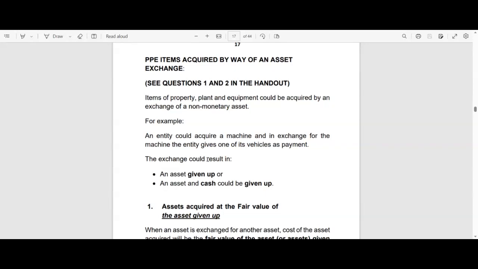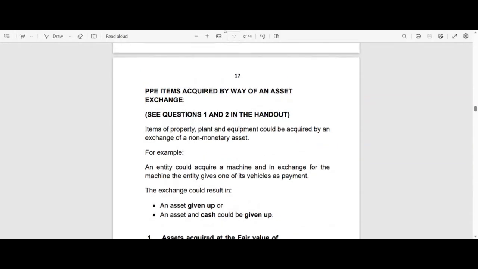The exchange could result in an asset being given up, or an asset and cash being given up. Or, as we've seen, an asset could be given up and cash could be received. Now, ladies and gentlemen, everything that you thought was difficult up till now was actually very easy. Now comes the difficult one.